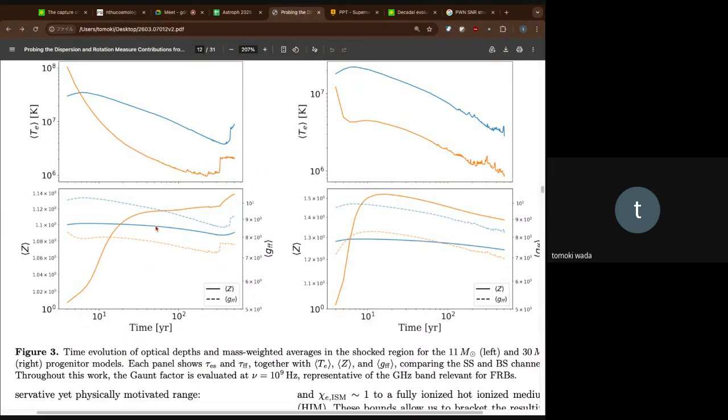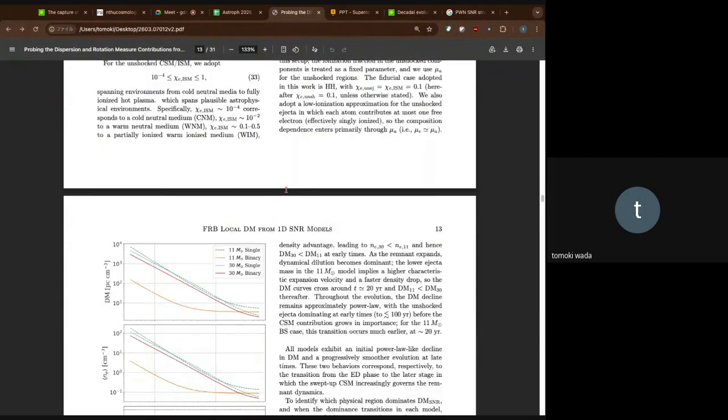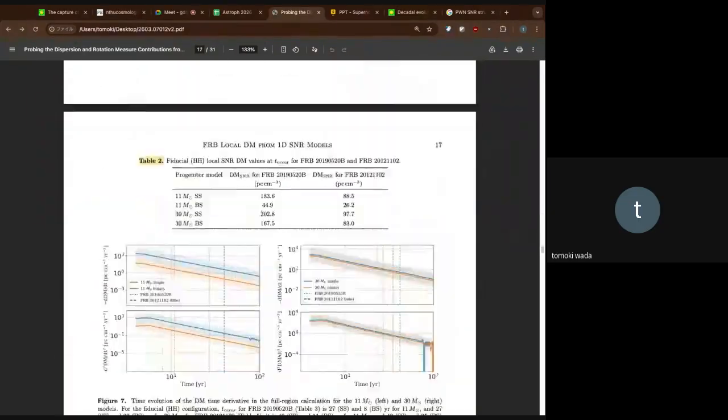But in this case, they solve the explosion and ionization effect consistently in a single simulation. I see. I think this is the important point of this calculation. Thank you very much for checking. Thank you for the comments.